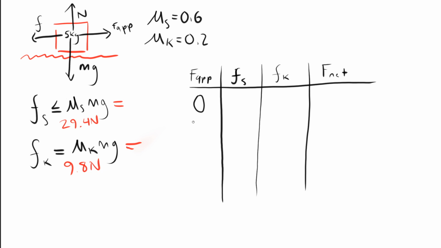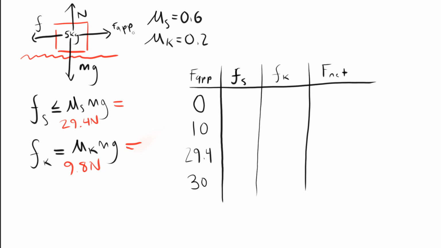If it's at 0 newtons, if it's at 10 newtons, if it's at 29.4 newtons, and finally if it's at 30 newtons, what all these forces are going to look like. First off, if we're applying 0 force on this side of the object, logically we could say to ourselves, there should be no force on this side of the object because friction only counteracts motion.